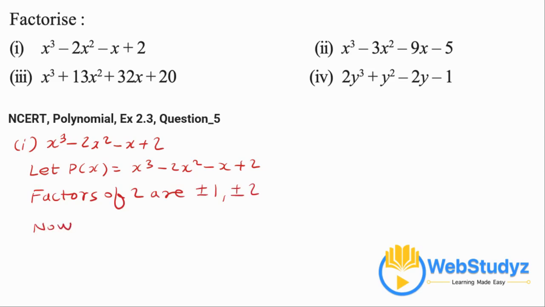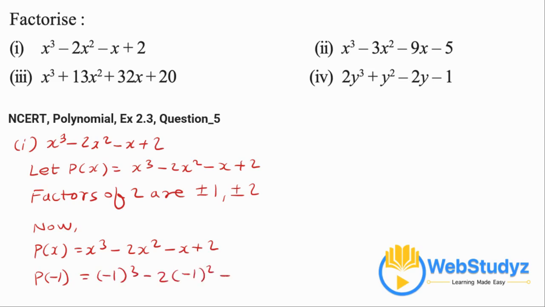Now p(x) is x cube minus 2x square minus x plus 2. Now let's put the value of x as minus 1. So what we get? We get minus 1 cube minus 2 into minus 1 square minus minus 1 plus 2.